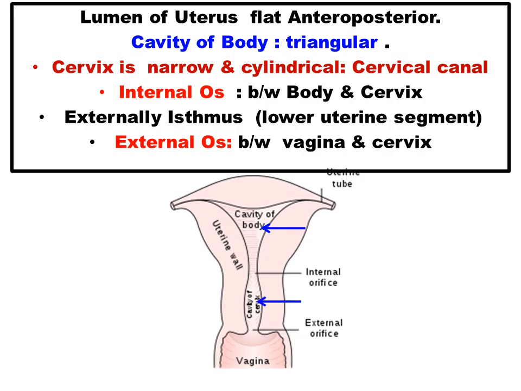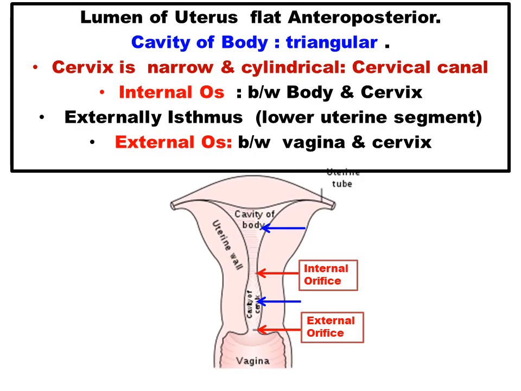The canal, which is related to the cervix, is narrow, cylindrical, and the cervix lumen is known as cervical canal. Internal os represents the opening between the body and the cervix, and external os represents the opening between the vagina and the cervix.